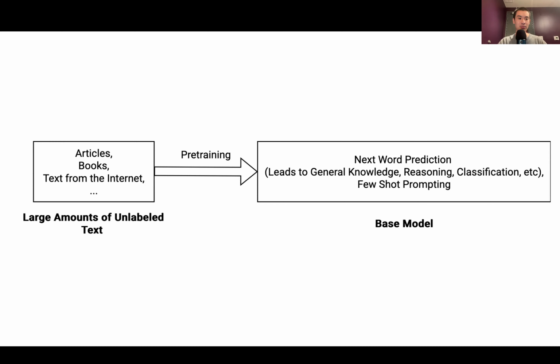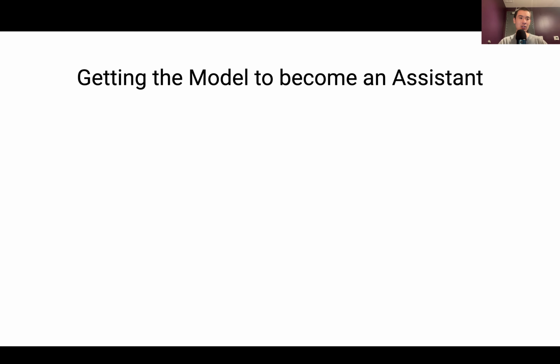So quick review. We will use large amounts of unlabeled text like articles, books, text from the internet, put it through pre-training, and we get a base model that has really good next word prediction, which leads to general knowledge, reasoning, classification, etc. It can do few-shot prompting if we want to, in some sense, trick the base model into doing what we want.